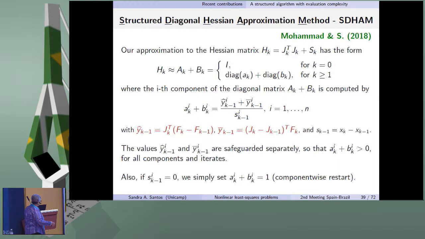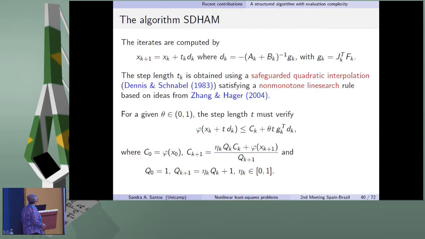So we have devised safeguards for these components, because we have to be sure that we have a positive definite matrix, so all the components must be strictly positive. And in case this denominator here is 0, we simply set it as 1, so it is a kind of restart. Okay, the algorithm is quite simple.